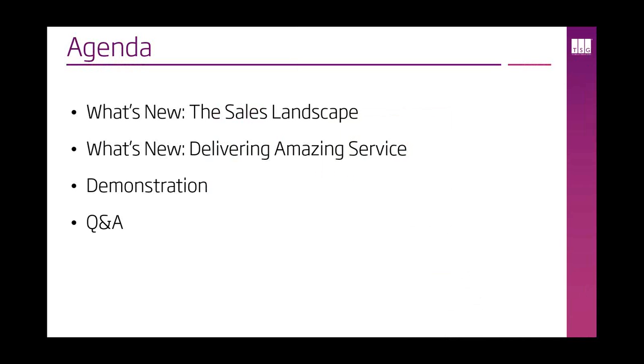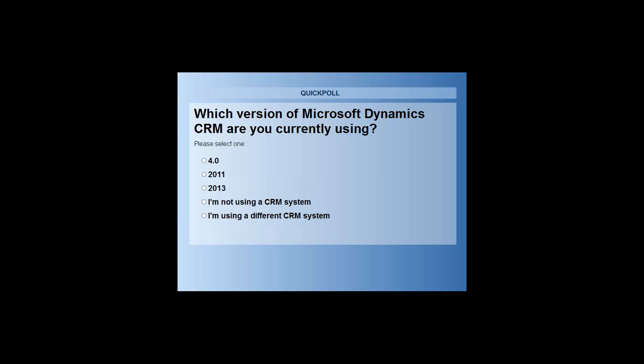Okay, so before we get into the information itself, and to really help us tailor this webinar to you, I'd like to start off by asking you a question: which version of CRM are you currently using? I'm going to do that by launching a poll. You should see on the screen the question, which version of Microsoft Dynamics CRM are you currently using? You can vote by selecting the appropriate option.